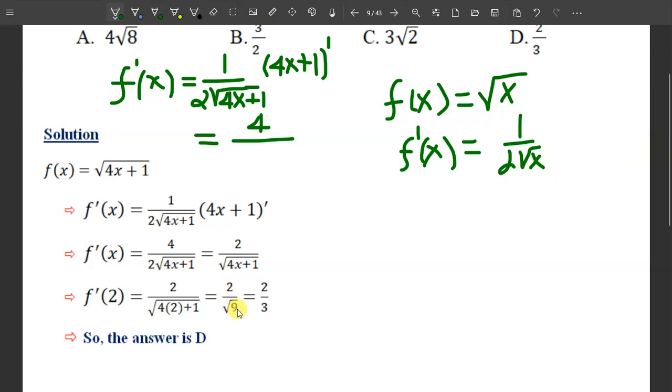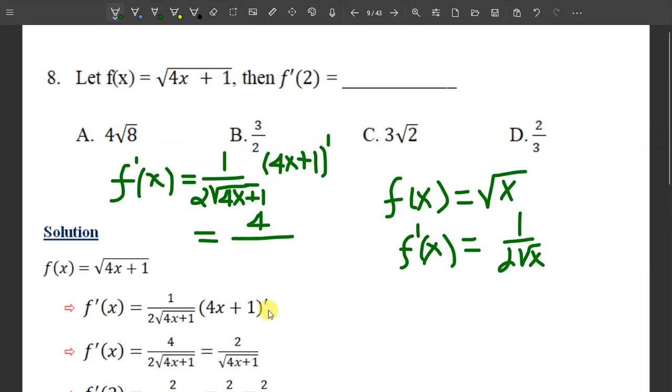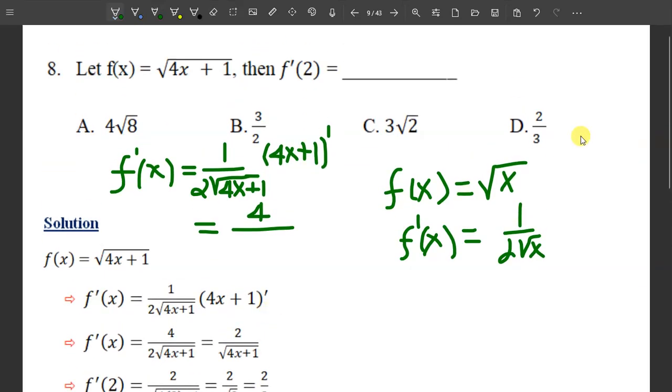Since 9 is a perfect square, it becomes 2 over 3. Therefore, the answer is D. If you do this one, then you get the point. Let us see the next question.